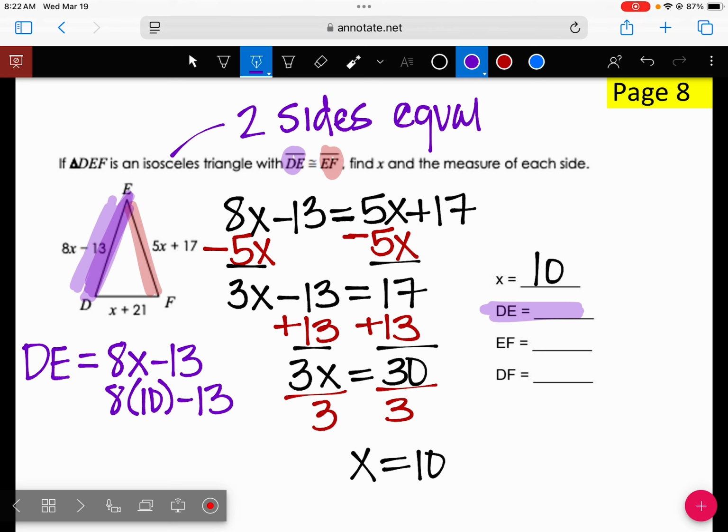And what did you all get for DE? 67. Anybody else get 67? Anyone not get 67? Okay, so 67.